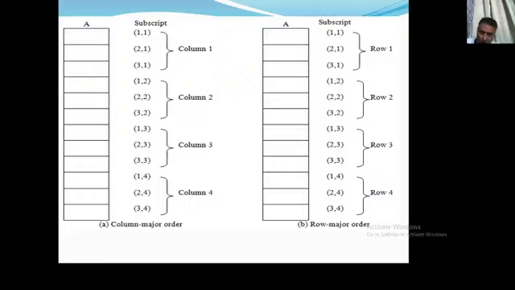Now the same thing it says here. The first column 1 1, then it goes to 2 1, 3 1 like this. In case of a row, this is 1 1, 2 1, 3 1. This is the first row in row major, and this is the column major.